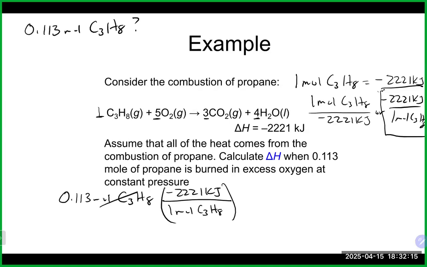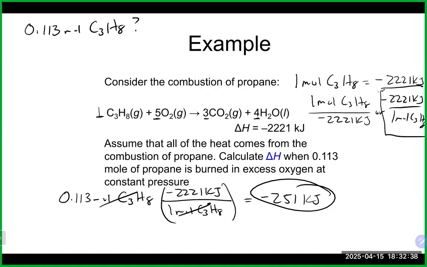These guys are going to cancel, so we'll basically take 0.113 times minus 2221, and that's going to give us minus 251 kilojoules of energy, which is less than the 1 mole that gave us basically 2200 kilojoules of energy.